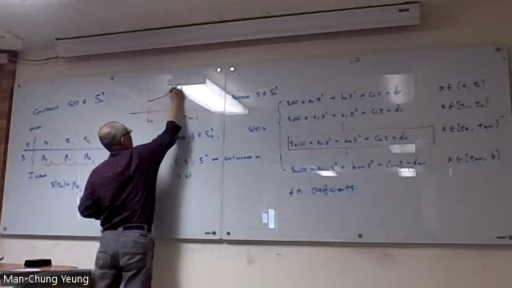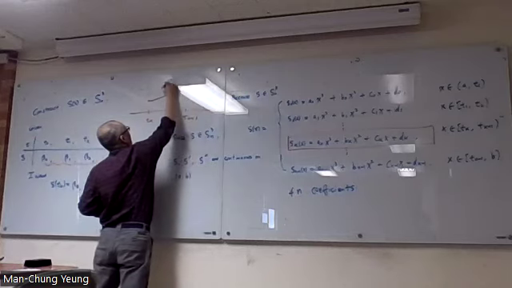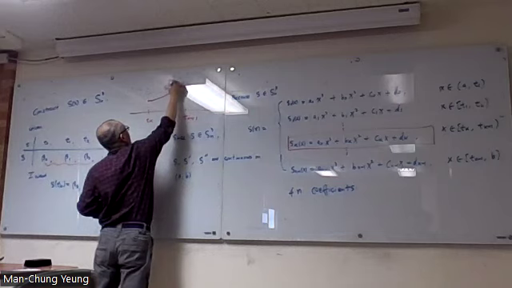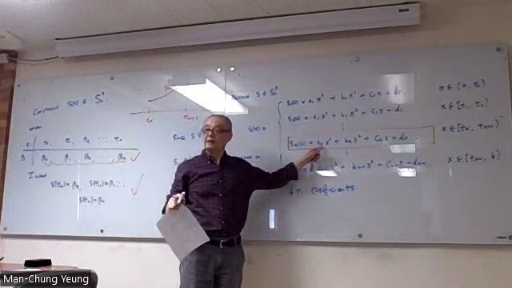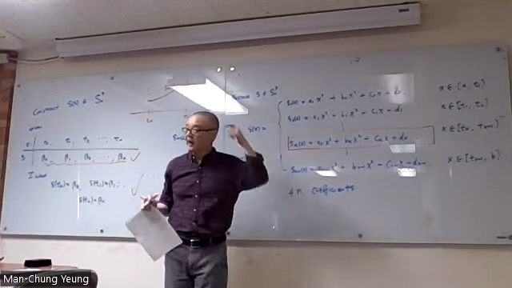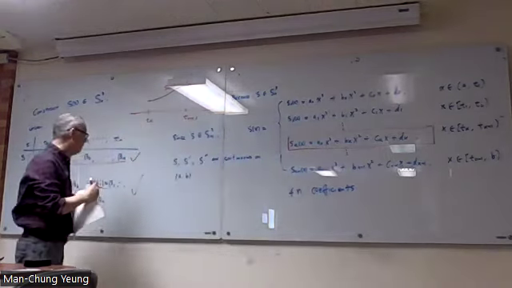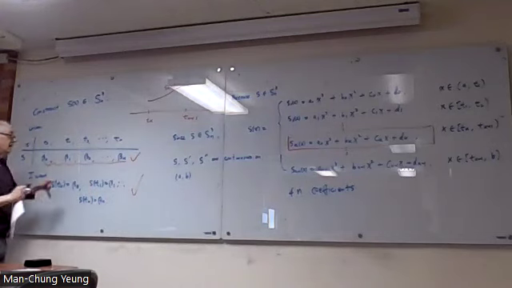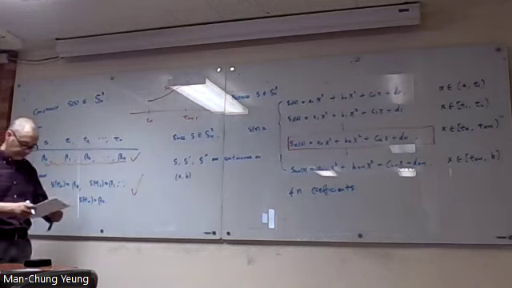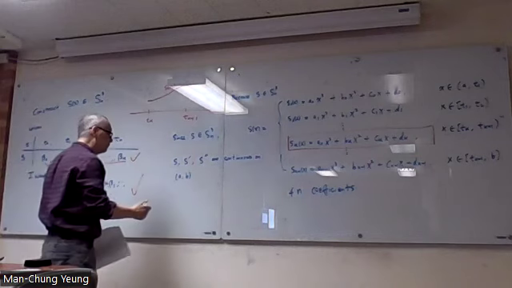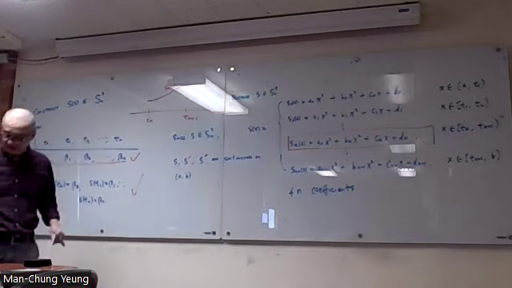This is a general Sk. Let me try to find the coefficients for Sk. Because we want the spline function to go through the beta values, we have first.